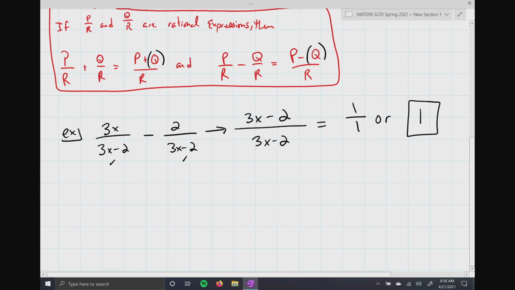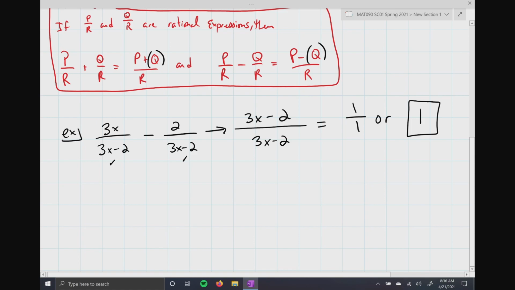So we learned something extremely valuable here, which is once you add or subtract, once you combine like terms or simplify however you can, you always want to make sure that your answer is always in its simplest form.